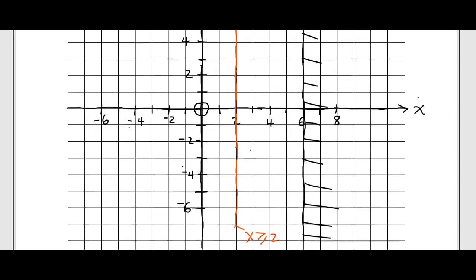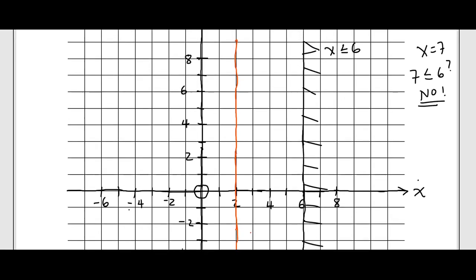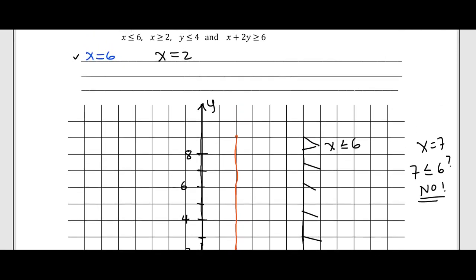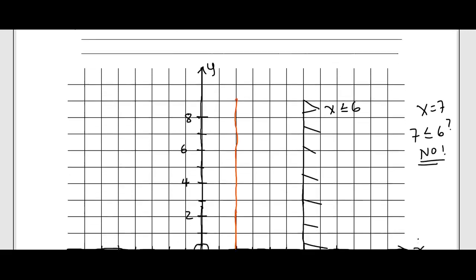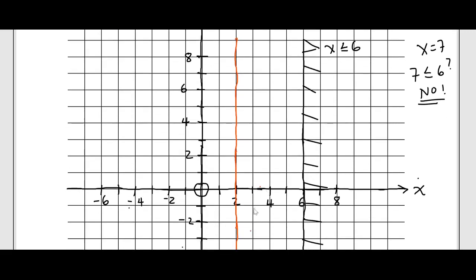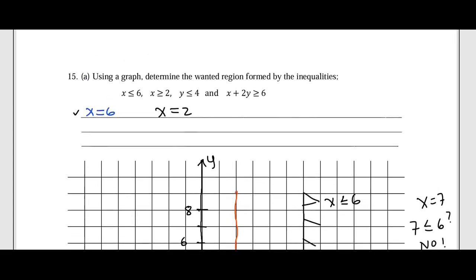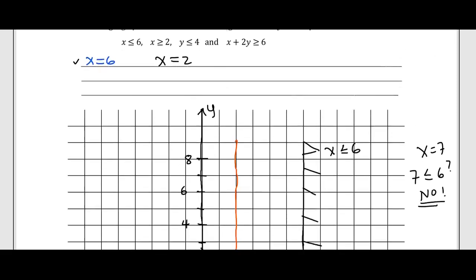That is the line. So which side of the line has numbers bigger than 2 and which side has numbers less than 2? It says that x should be more than or equal to 2. So which side is more than 2? This side to the right, because 2, 3, 4, 5, those ones are more than 2. But from 2 to the left, those ones are less than 2. And our inequality is looking for numbers that are equal to 2 or more than 2.